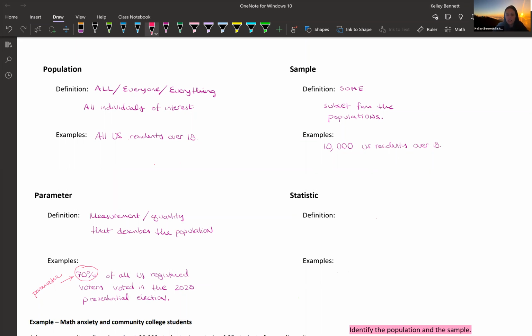On the other hand, we could look at a statistic. And so this is really similar, except that it's a measurement for the sample.